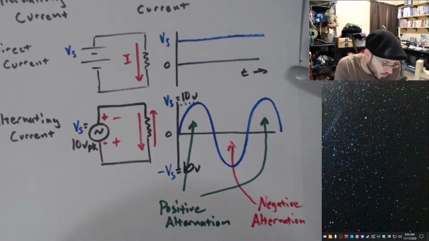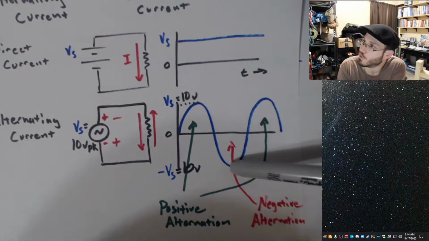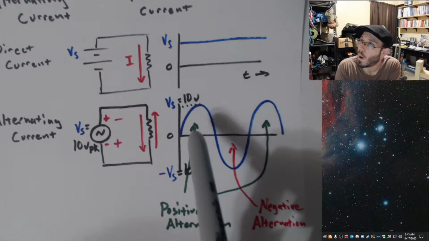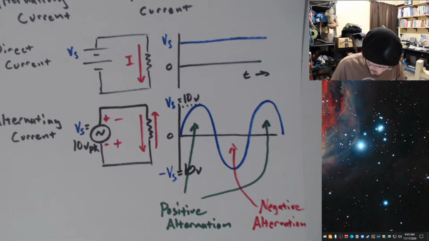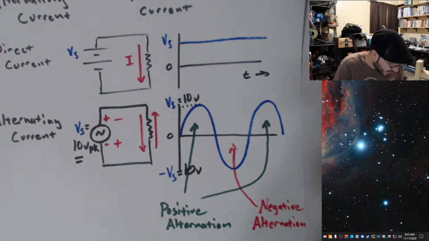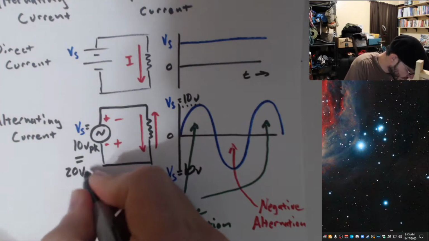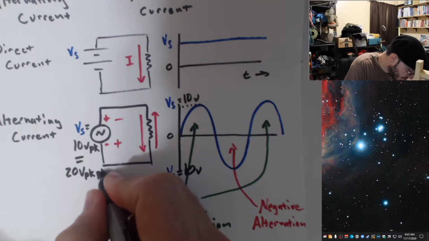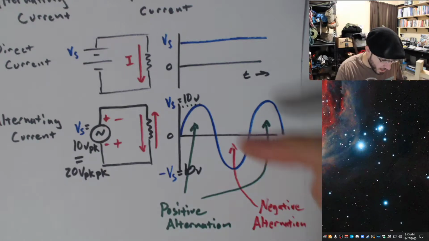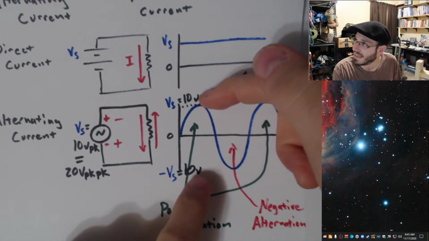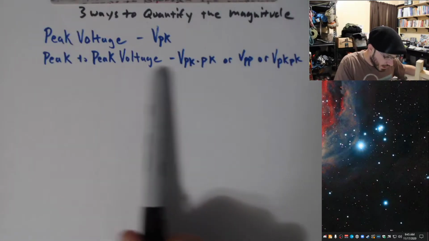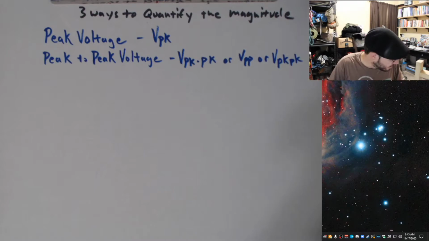So if you want to describe this same exact magnitude but specify it as a peak to peak voltage, then you would say 20 volts peak to peak. So this 10 volts peak is equivalent, it is identical to saying 20 volts peak to peak. We're just saying the difference between the highest and the lowest as the magnitude. That's what we would be implying when we get to peak to peak.